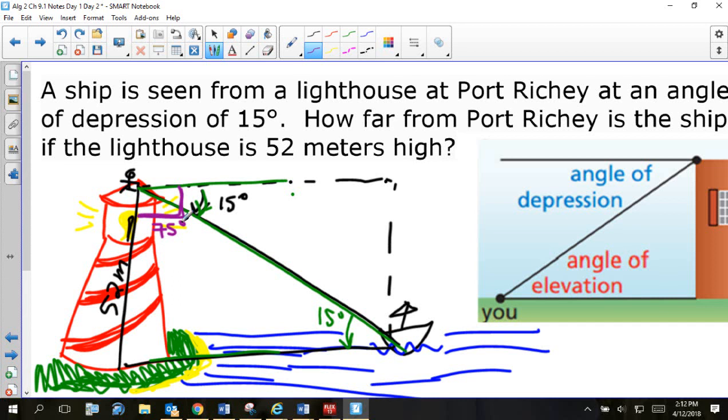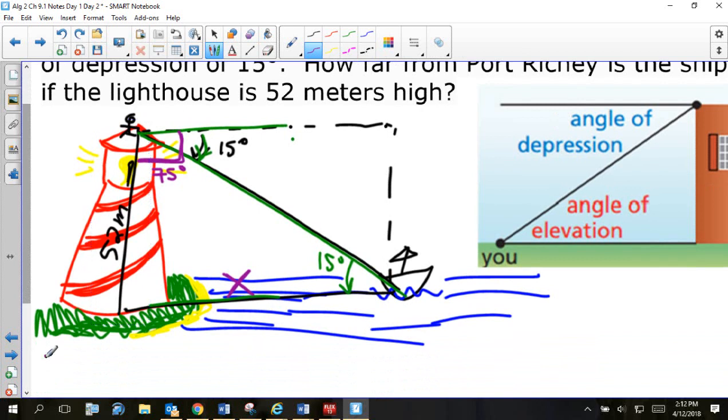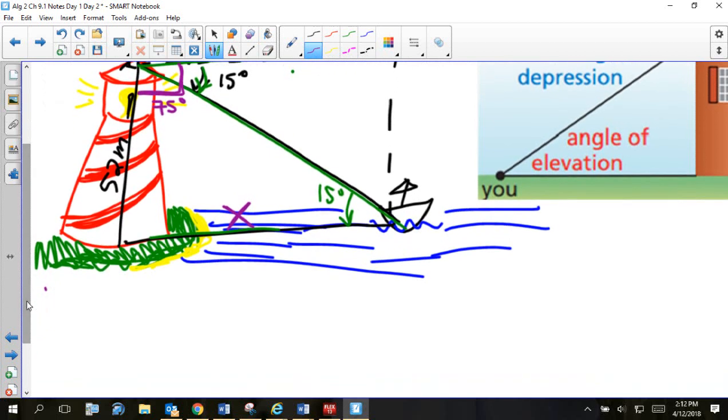What are we trying to find? Angle of depression 15 degrees. How far from Port Richey is the ship if the lighthouse is 52 meters high? We have to find this amount right here. We got to figure out what angle I'm going to use. I feel like I'm using 75 because I made it purple. According to the 75 degrees, what side is X? Opposite. And what side is 52? Adjacent.